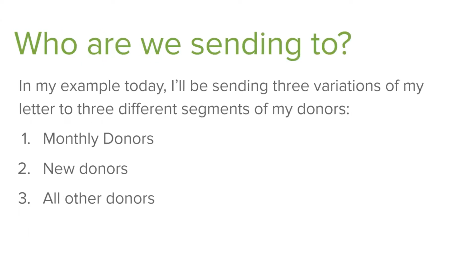So just as background, you're all probably segmenting your appeal letters in your own ways. For the purposes of my class, I'm going to be sending an appeal letter from my imaginary nonprofit to 3 different groups of my donors. I'm going to send one appeal letter to my monthly donors. Then I'm going to send a different appeal letter to my new donors, and finally a third version, which will just go to everybody else.